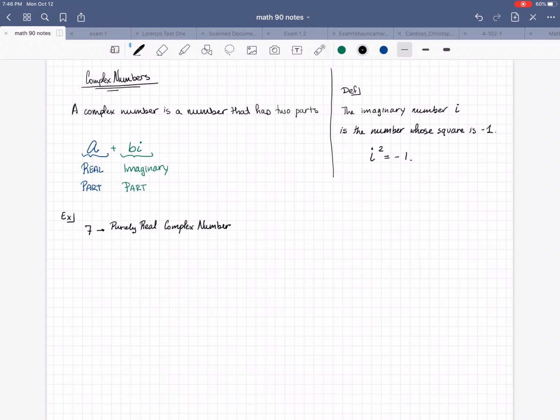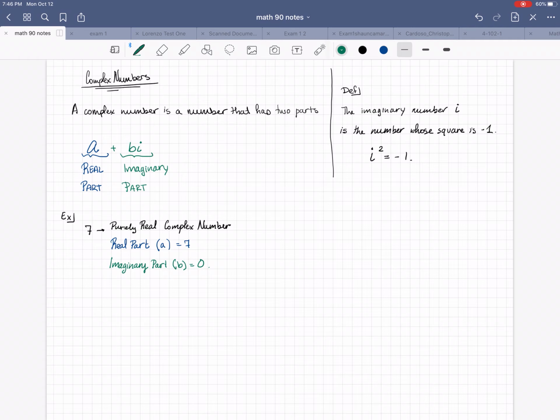So the real part, or a, is 7, and the imaginary part, or b, is 0. So it actually turns out that complex numbers contain the real numbers in them.